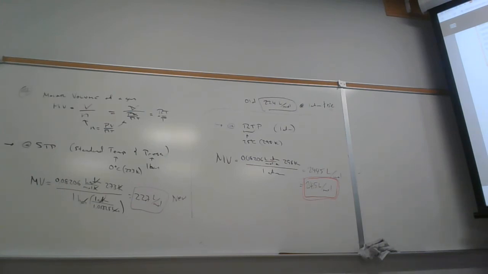We can calculate the molar volume at any temperature and pressure. We'll just plug that in. So this one's at a cold temperature. At cold temperature, the volume contracts or shrinks, but it's at a low pressure. At low pressure, volume expands. And so the molar volume under these conditions is 40.6 liters per mole.